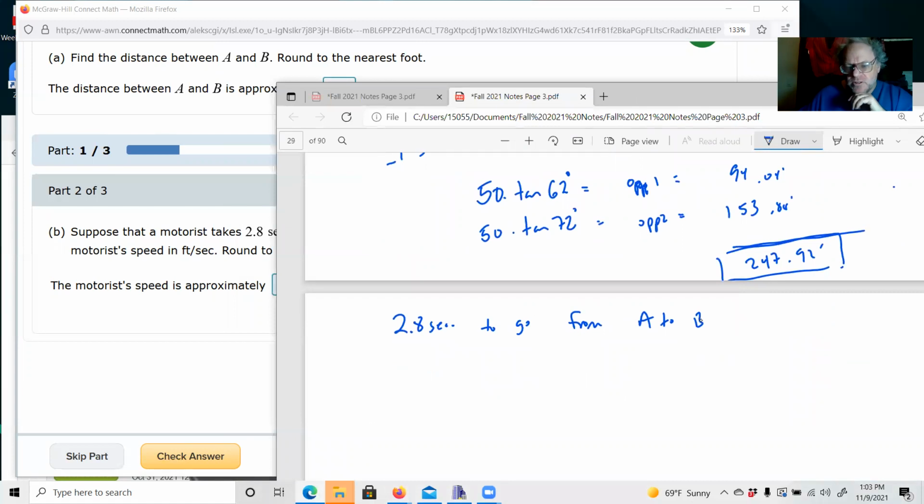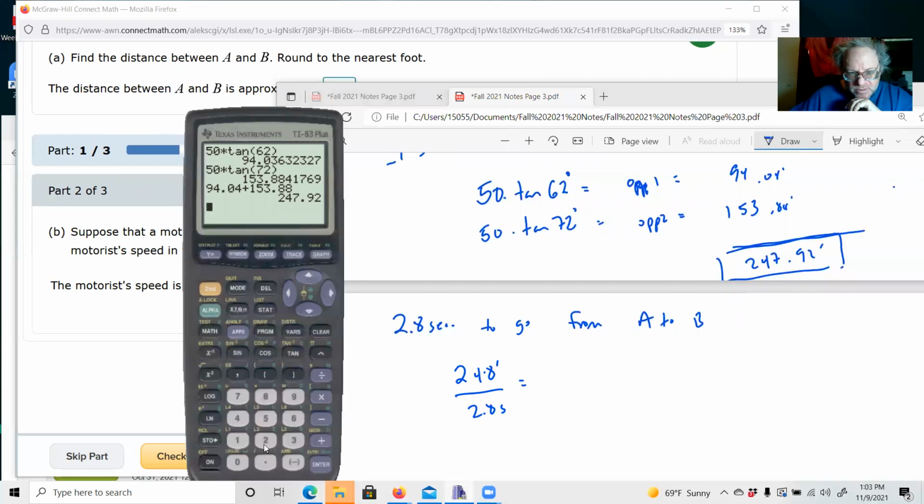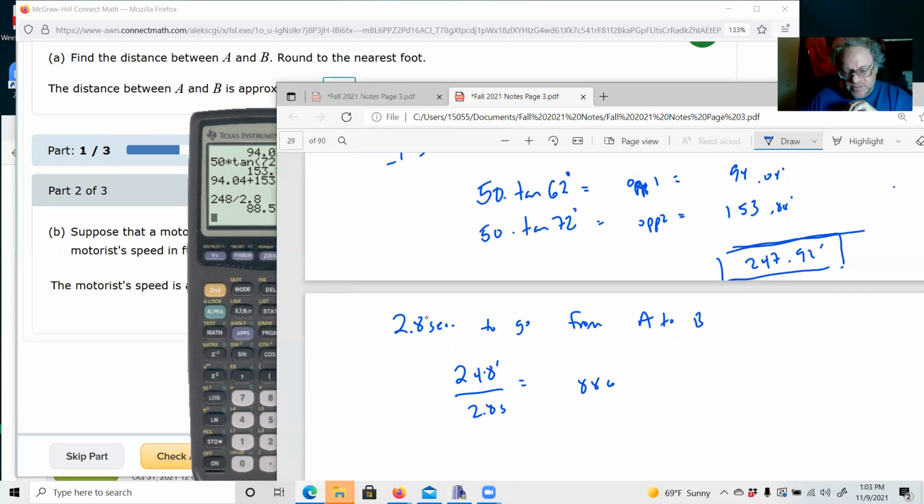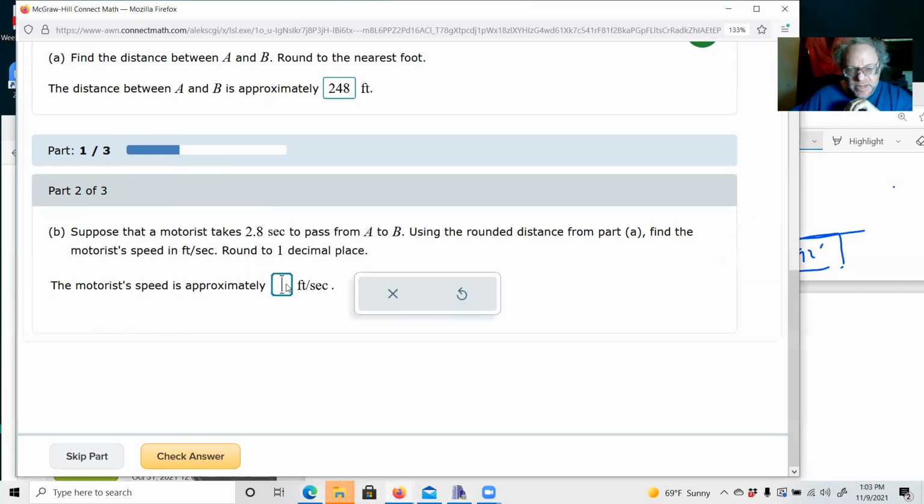So we're going to be moving 248 feet in 2.8 seconds. So we're going to say this is 248 divided by 2.8 seconds. You get 88.6 feet per second.